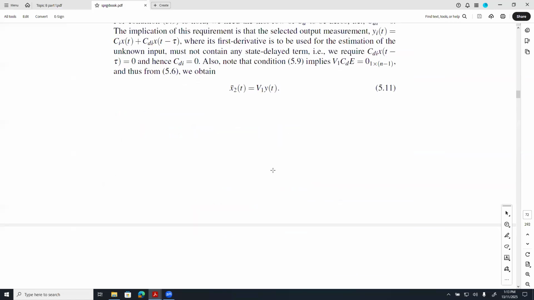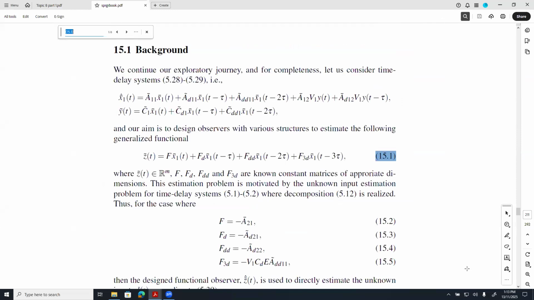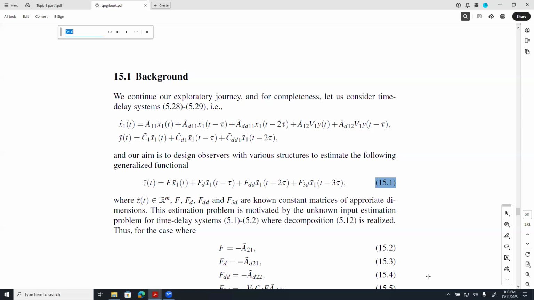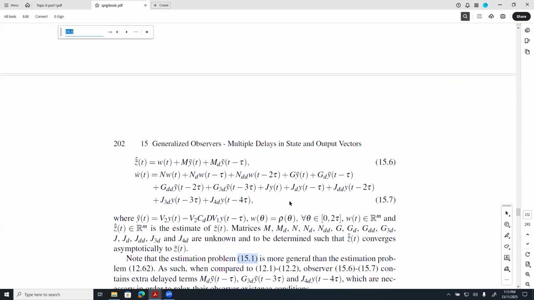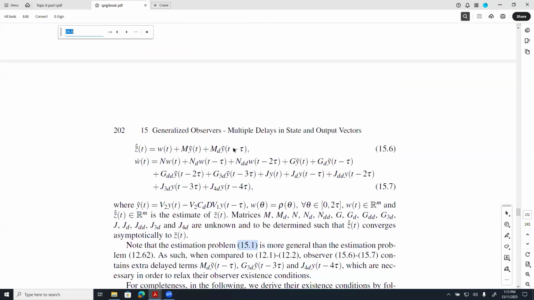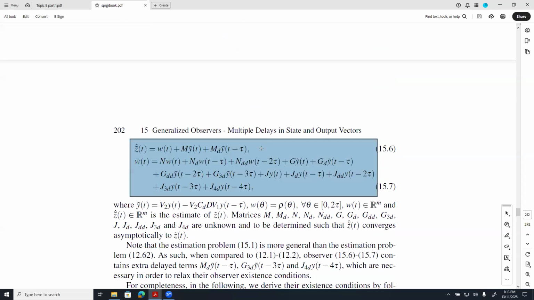We are going to have a fairly quick discussion because we all have a good idea how we go about doing it. Okay. So what we do here is we estimate those generalized functionals, and this is the structure for it. This is the observer structure.